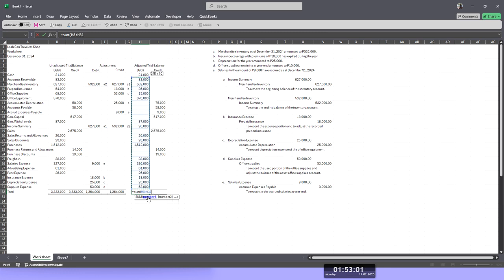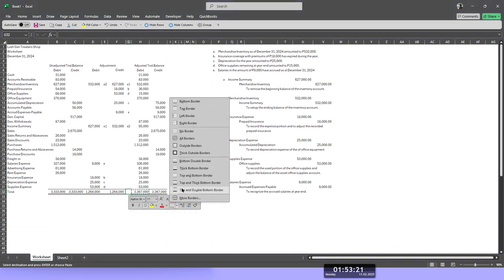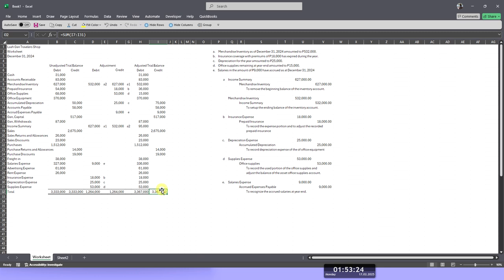I'll just drag here and then copy the total formula for the debit column in the adjusted trial balance and paste it to the total row in the credit column of the adjusted trial balance. And then here. Okay, so the totals of debit and credit in the adjusted trial balance are also equal.